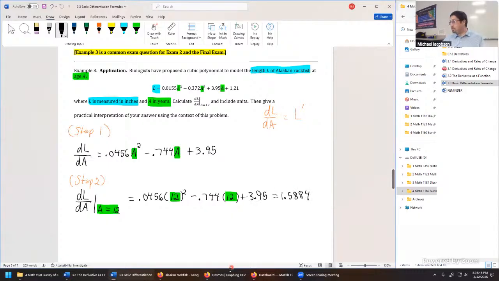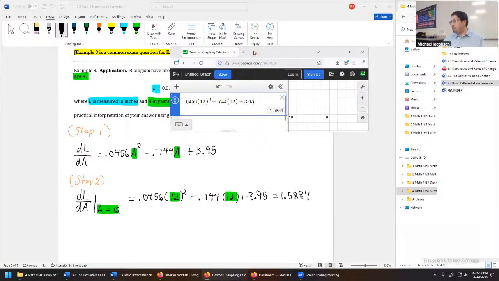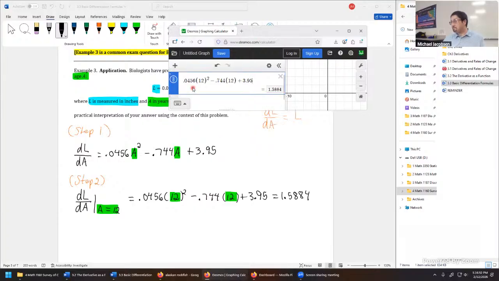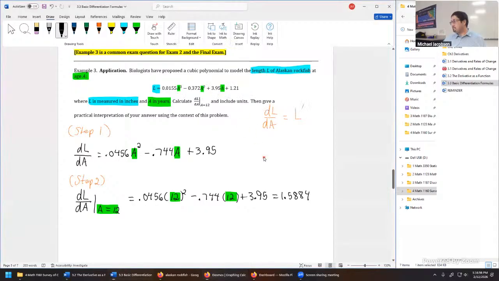Does that look accurate to folks so far? While I double check these numbers. Okay, well, we got it, folks. We've computed dL/dA evaluated at A is 12. That's 1.5884. But we want the units on this.